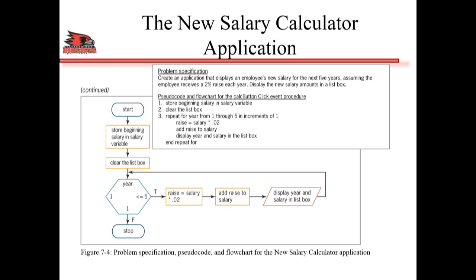So we start with the beginning salary, we have an empty list box, and we use a for next statement to show your salary each year for the next 5 years, where the salary increments by 2% every year. So the for loop statement basically goes through the code for incrementing the salary by 2% and displaying it for each year.